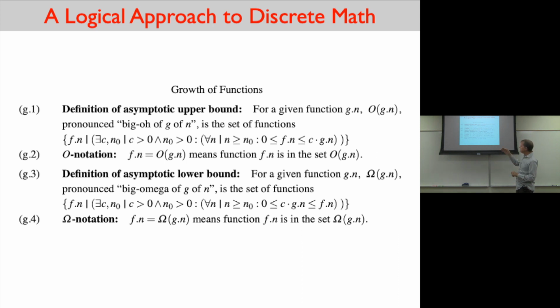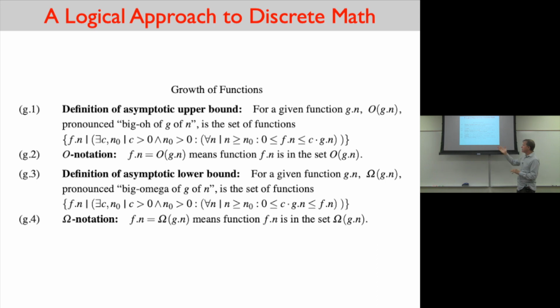What it is: there exists a C and an N naught such that the function is what? Less than or greater than C times G of N? The function is less than, because it's the over bound. The function that you're computing has to be less than the bound.